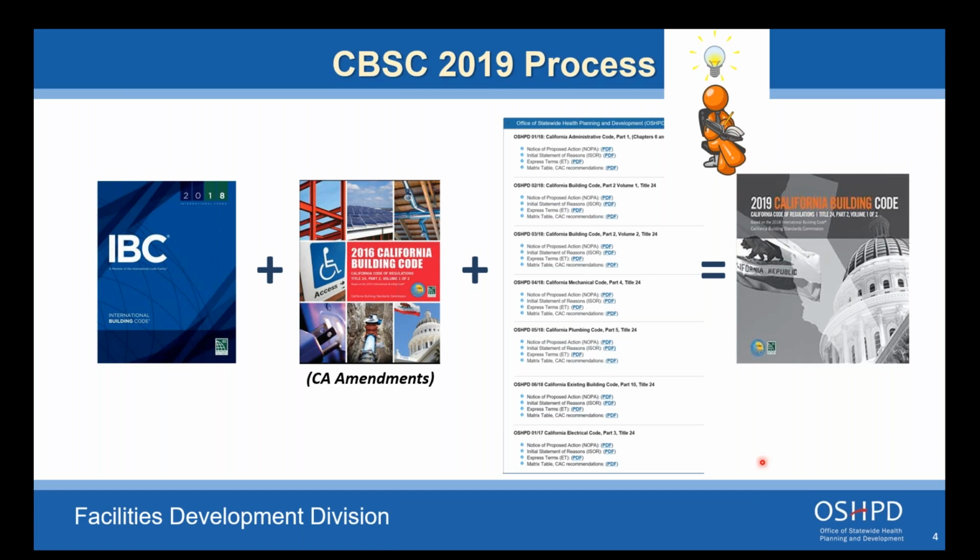We take the last cycle of building code for California and carry anything forward. We review it, carry things forward that need to be carried forward, and remove stuff that does not. Then we take new items that we're currently working on and integrate them into that. And that's how we end up with our new building code cycle.